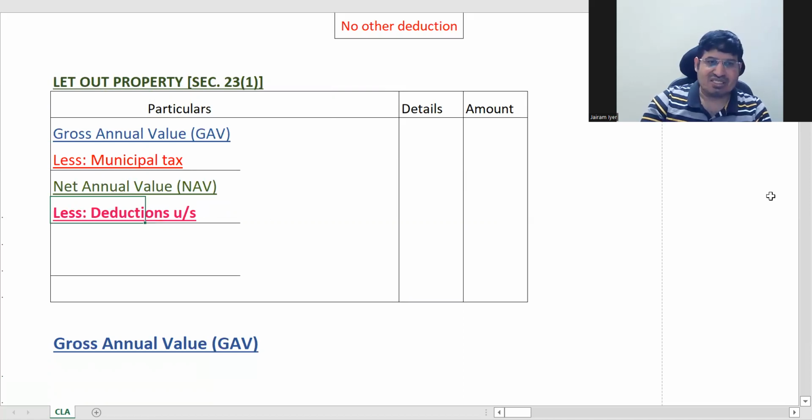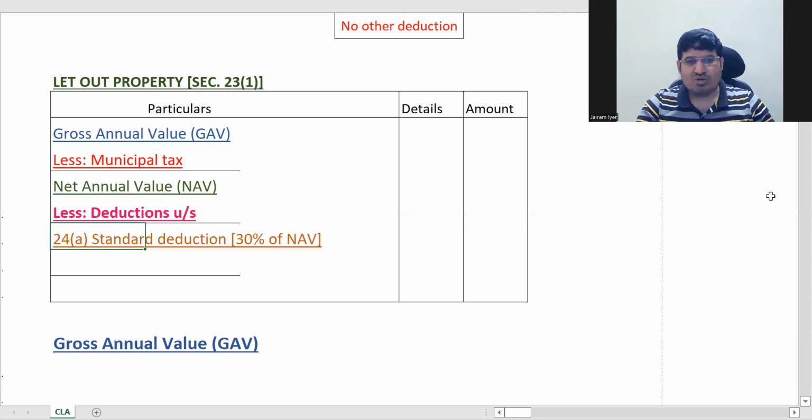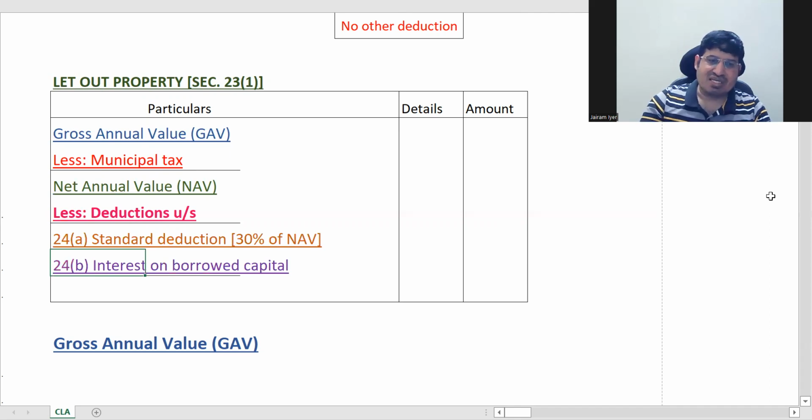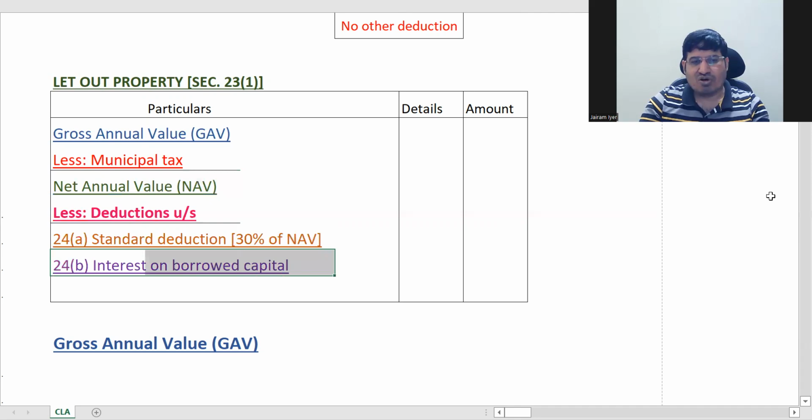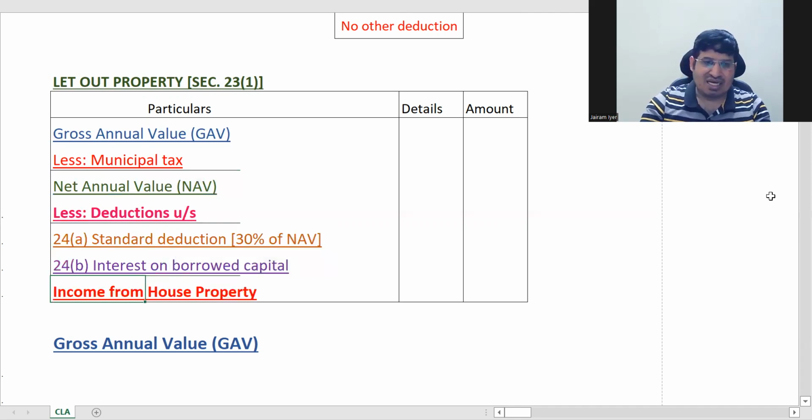Less deductions under Section 24. Under Section 24 there are 2 deductions: standard deduction and interest on borrowed capital. From net annual value you get these 2 deductions. Standard deduction is a flat 30% of NAV, then interest on borrowed capital, and then last you get income from house property. You'll use this format more and more and get very used to it.